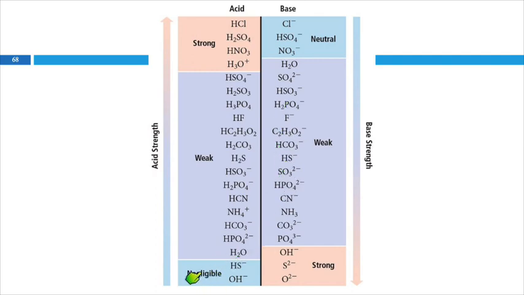We get down to the bottom, and we see things like hydroxide ion, so that could be sodium hydroxide, sulfide ion, could be potassium sulfide, or O2 minus oxide. These are strong bases, and so their conjugate acids are not acids at all. They're negligible, they don't act as acids.